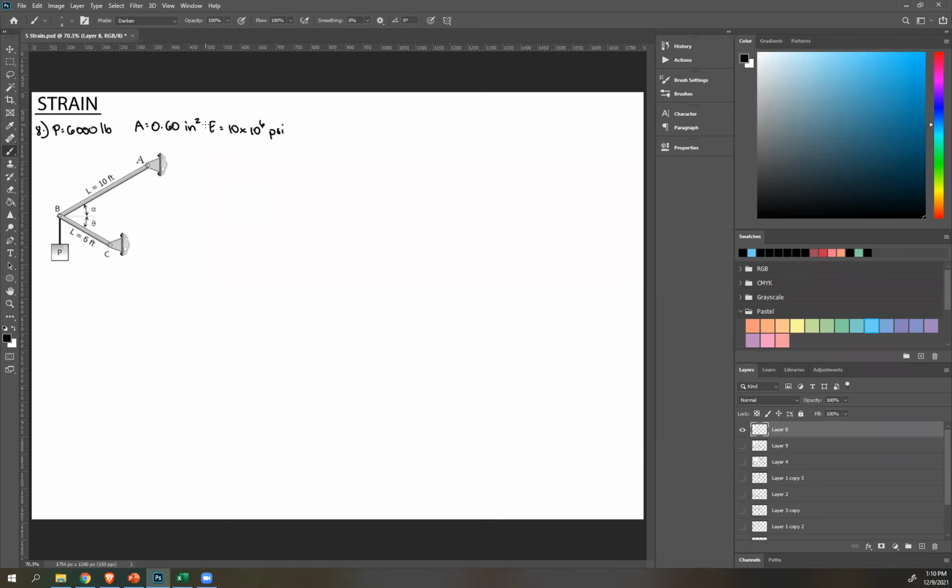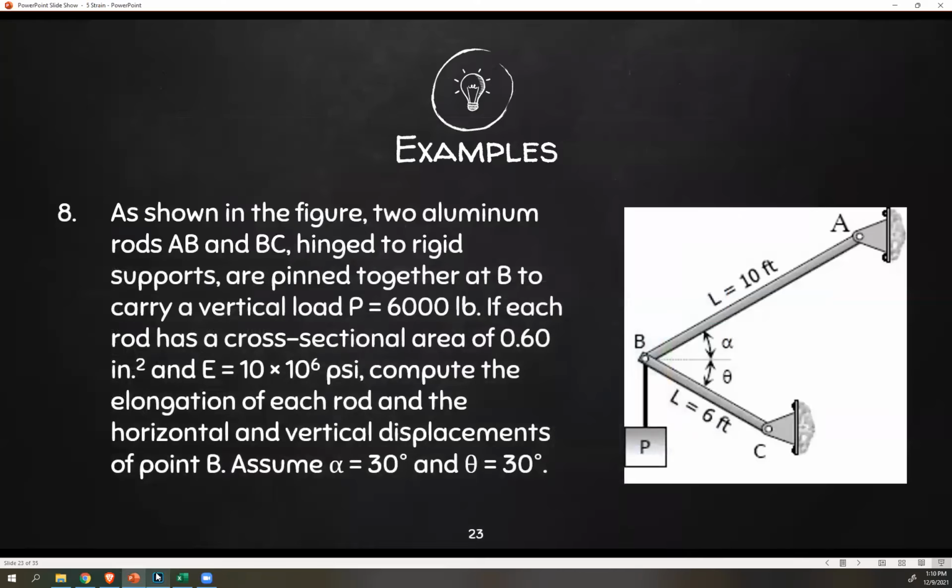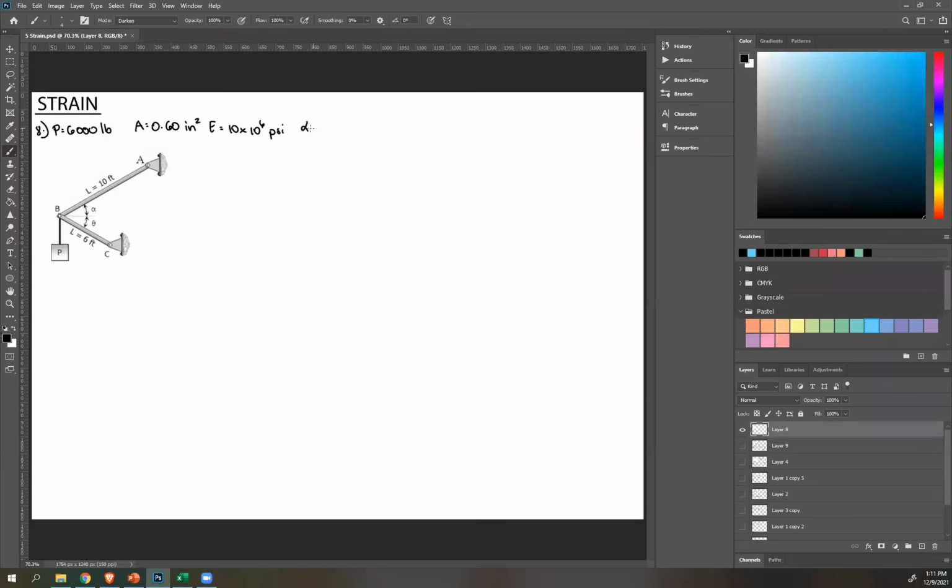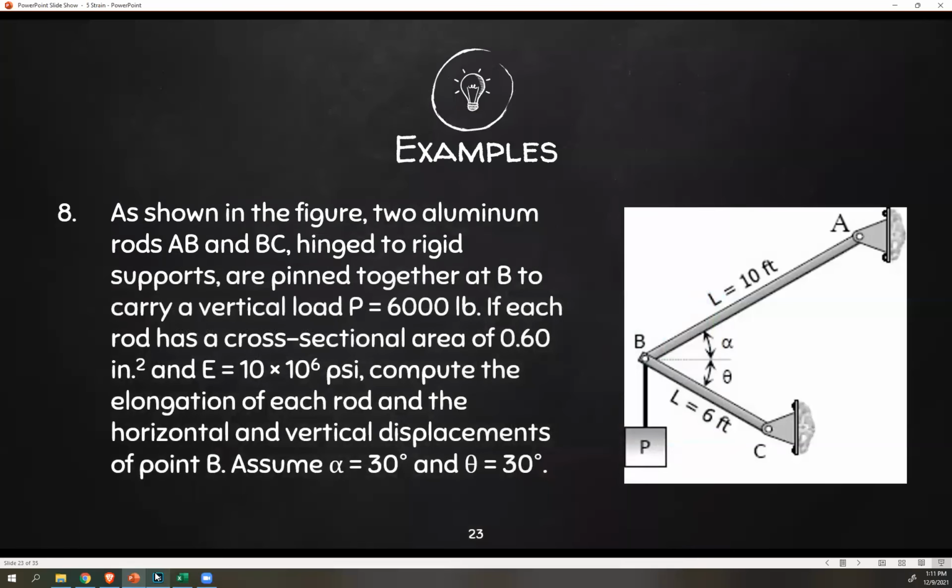Compute the elongation of each rod and the horizontal and vertical displacements of point B. Assume alpha, theta, 30. Okay, so we're looking for 3 things. Elongation of each rod, so rod BA or AB, rod BC, and then horizontal vertical displacement of point B.